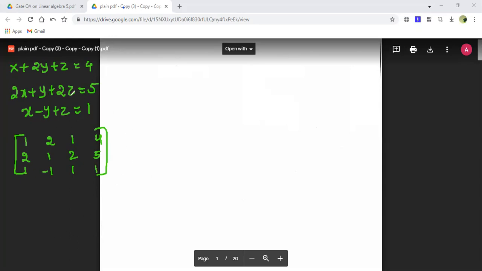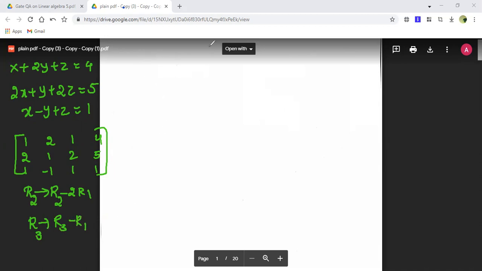Now you may solve this example by using the rank concept, and also you can use the concept which I'm going to use right now. I'm going to do simple row transformations. Since here it is 2, here it is 1, R2 changes to R2 minus 2 times R1, and for R3, you can see here it is 1, so R3 changes to R3 minus R1.